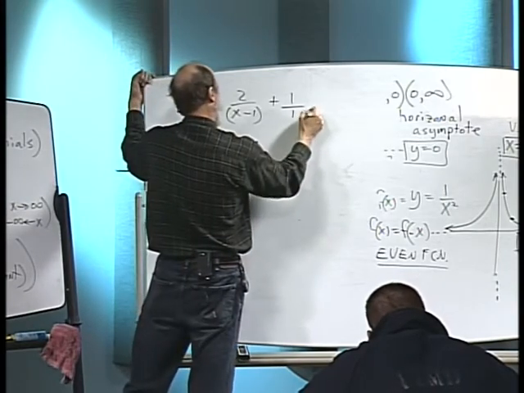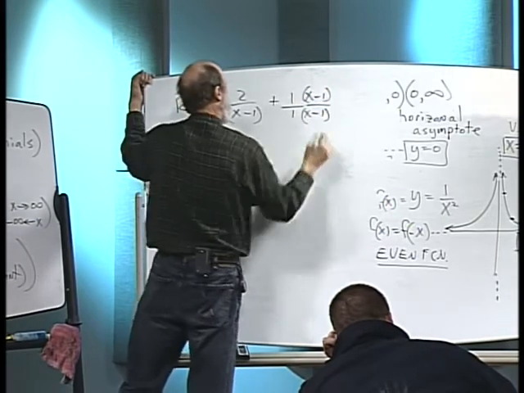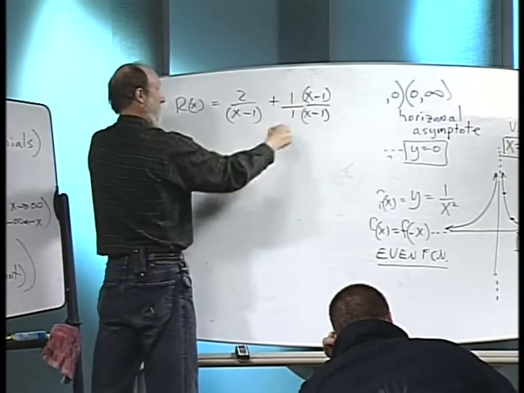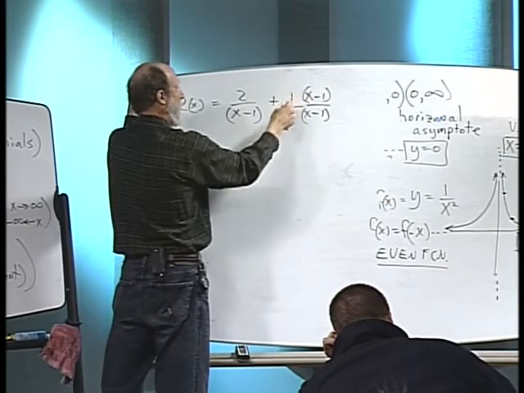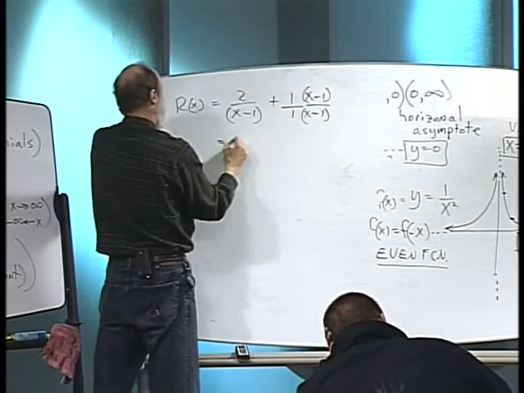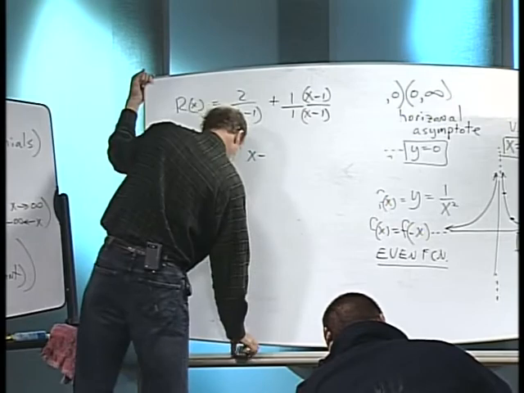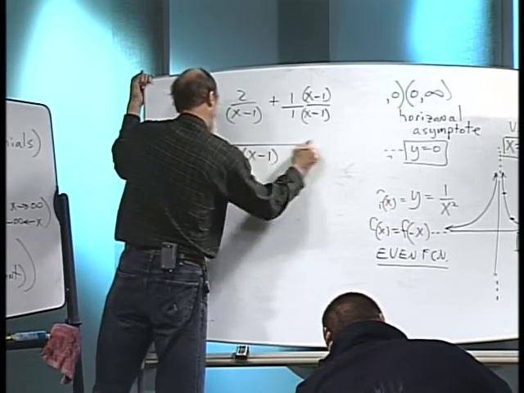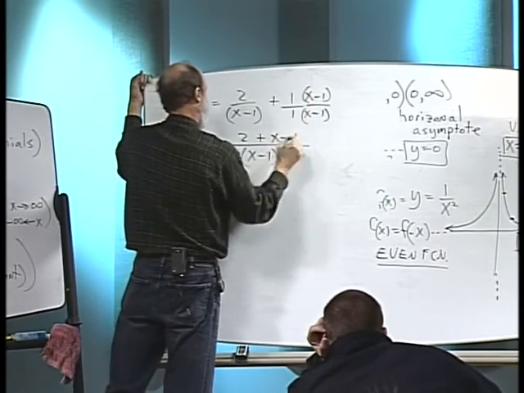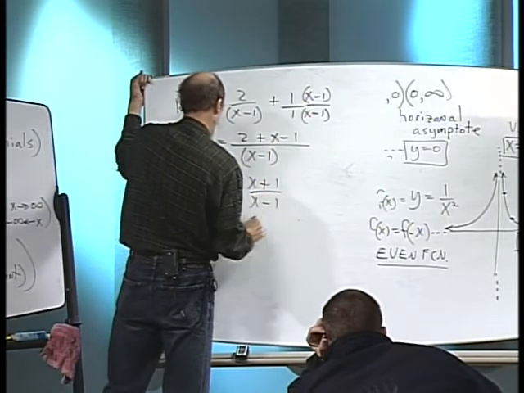So over here, I'm going to multiply this 1 times x minus 1, top and bottom, so that I don't really change this thing. It's still the original function because all I've done is multiplied this last term by 1. We all know that. And so now we have a common denominator. There's our common denominator, and our numerator is 2 plus x minus 1, which we can simplify to x plus 1 over x minus 1.